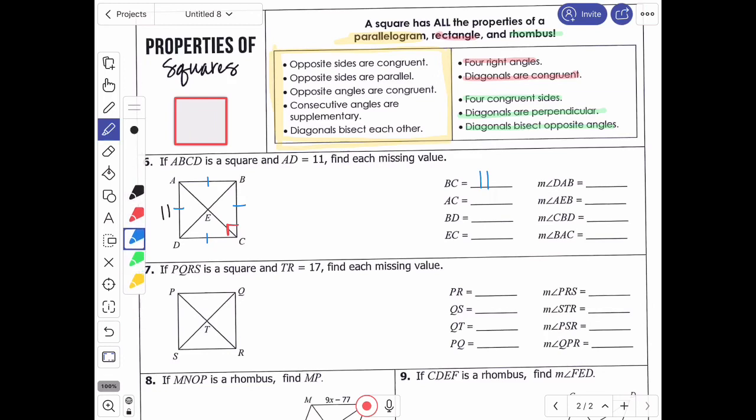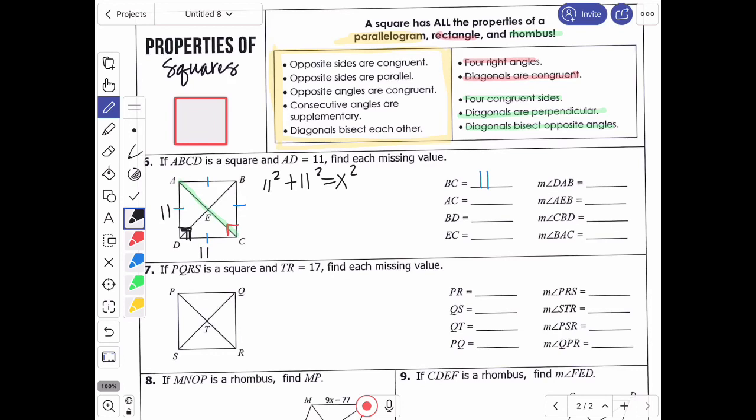So the diagonal, we don't know if that's 11. That's not necessarily congruent to the outside perimeter sides, but instead, remember we have a right triangle here. So we're going to take 11 squared plus 11 squared equals x squared to find that diagonal.